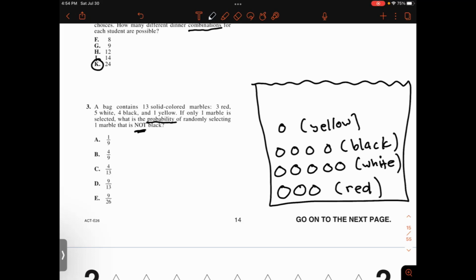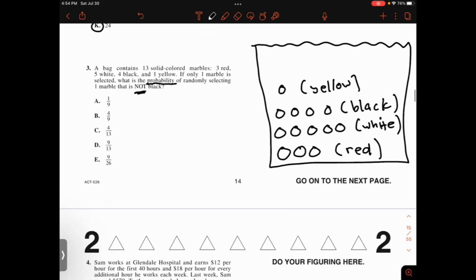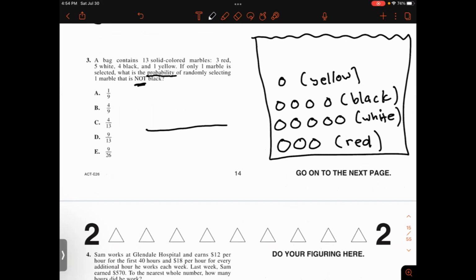So we know it's a fraction because it's probability. And when we do this fraction, my denominator is always what I have to pick from, so the total amount of options I can pick from.